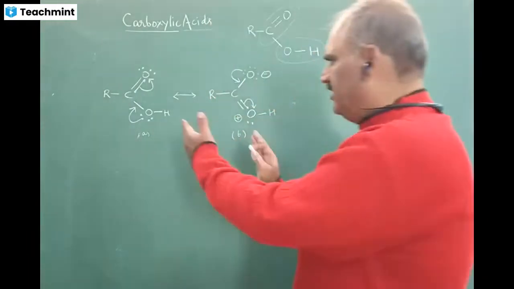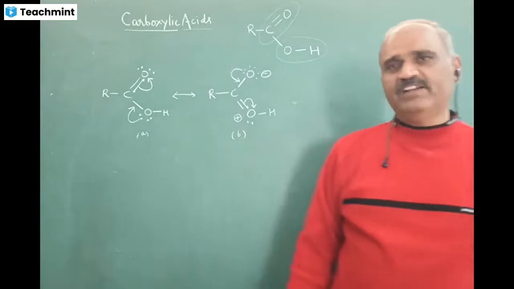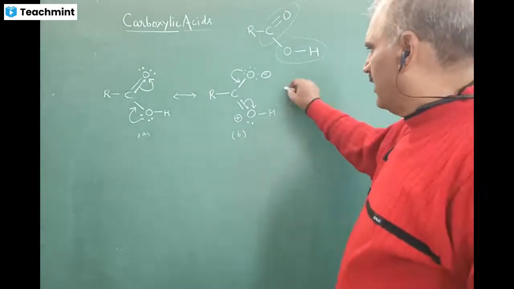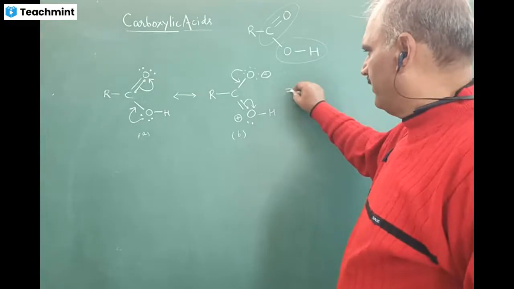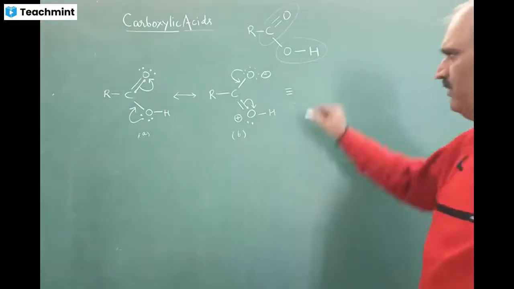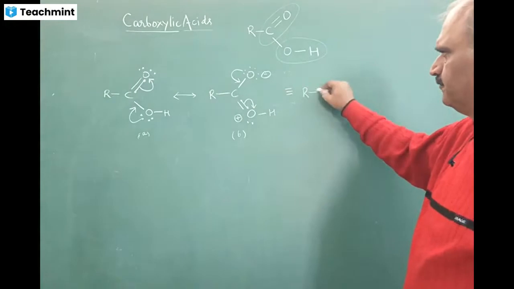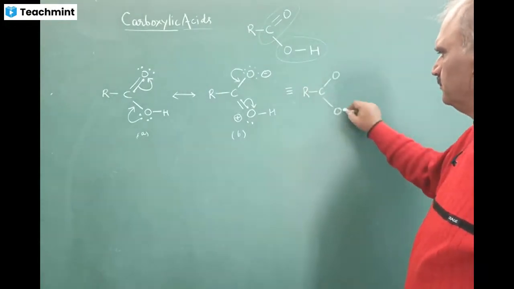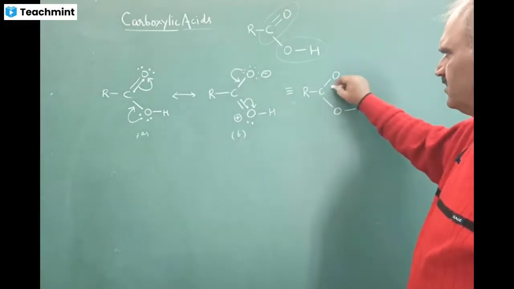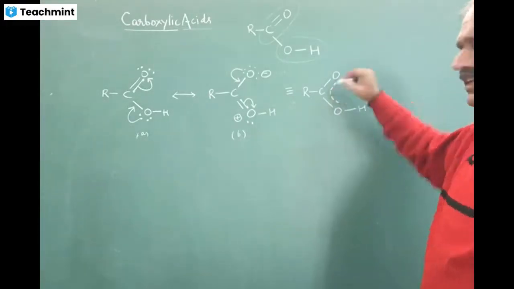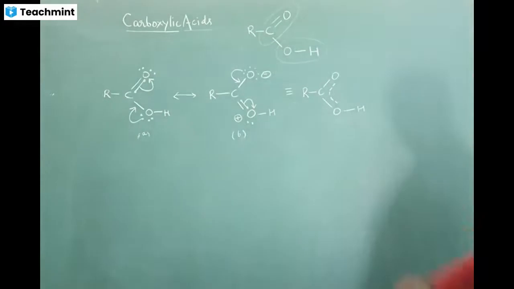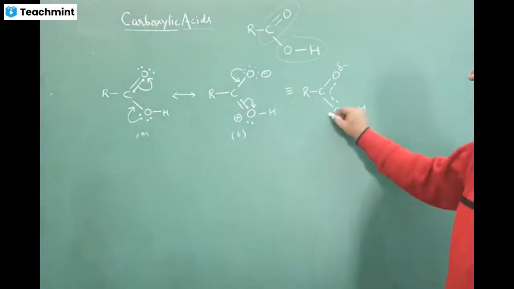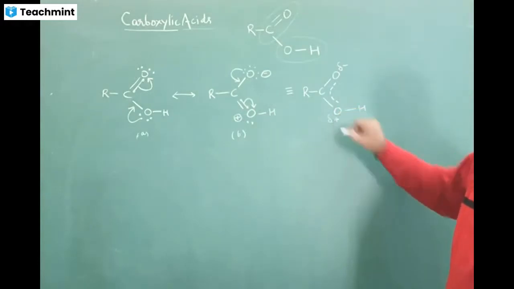Now, these two are the resonating structures of carboxylic acid, and the hybrid of these two structures will be like this. This structure will have the common features of the resonating structures. This O will have a partial negative charge, this O will have a partial positive charge.